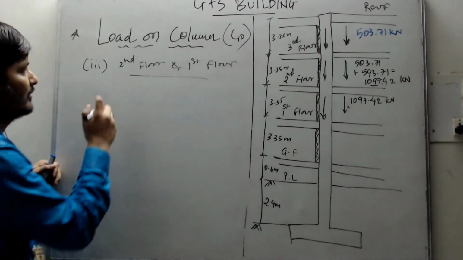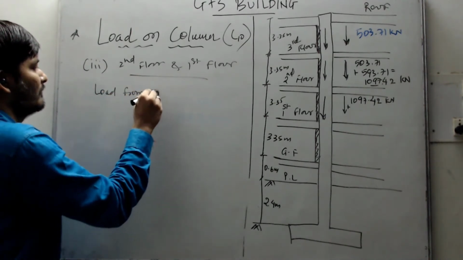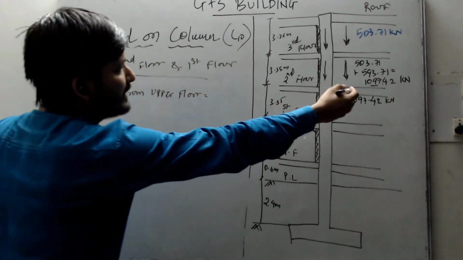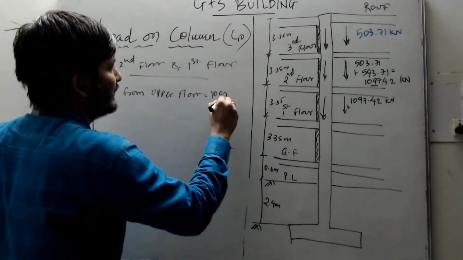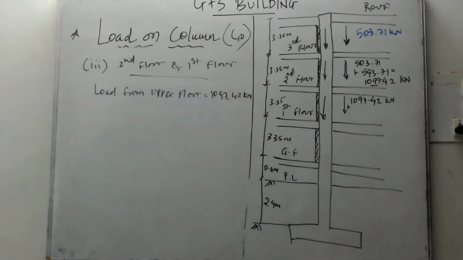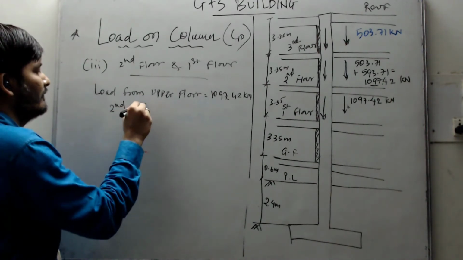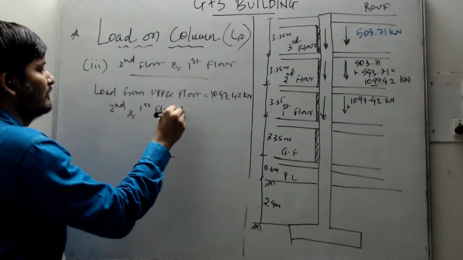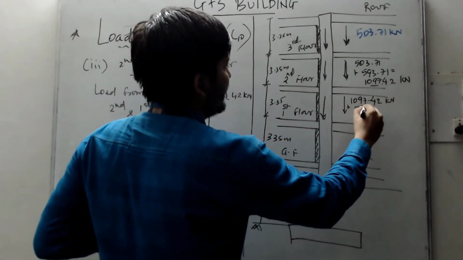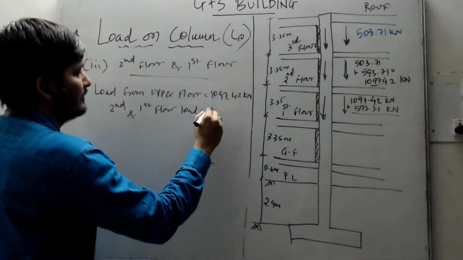For that, the load from the upper floor, already we have 1097.42, plus the second and first floor load, which is 593.71 kilonewton. So I'll get the final answer.